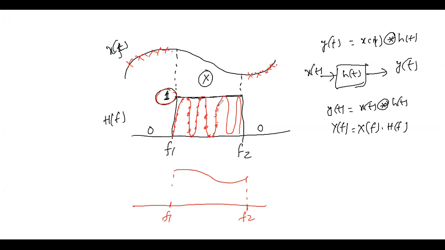Sometimes maximum value, sometimes minimum value, and sometimes in between maximum and minimum. So you will not get the exact signal. Yes or not, Akhil? Yes, sir. That's why it is known as a ripple.